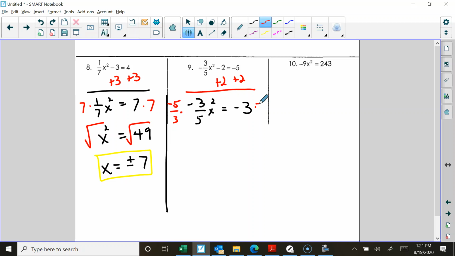Multiply by a fraction, so negative 5/3. x squared equals negative 3 times negative 5/3, which totals out to just 5.